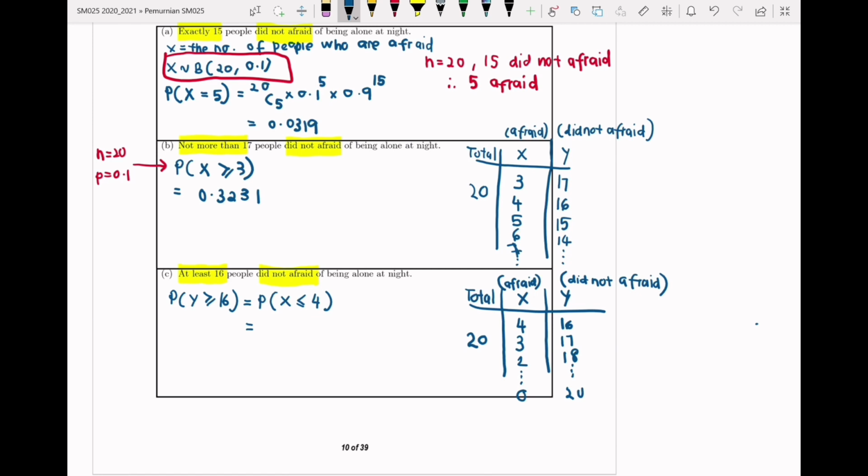So for the probability x less than or equal to 4, we need to change it to 1 minus the probability x greater than or equal to 5. So using the binomial table, n equals to 20, p equals to 0.1, for P(X greater than or equal to 5), we get 1 minus 0.0432. So the answer is 0.9568.